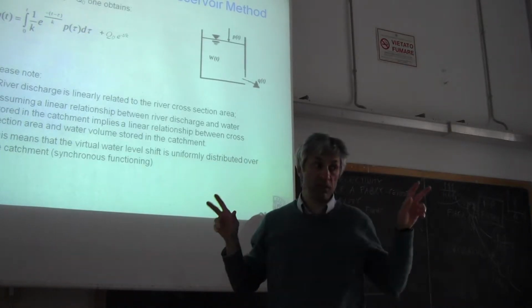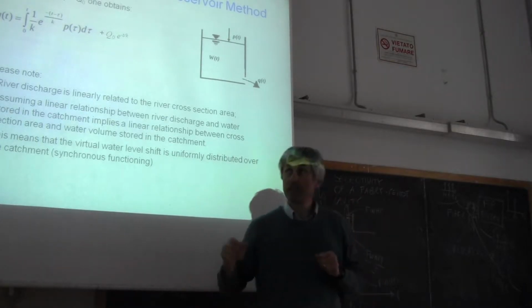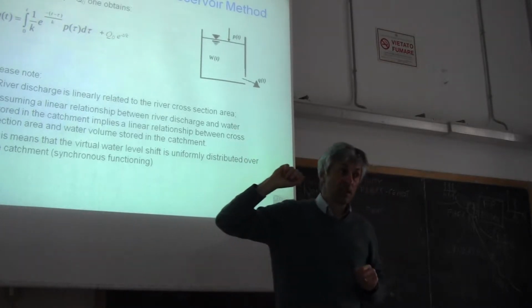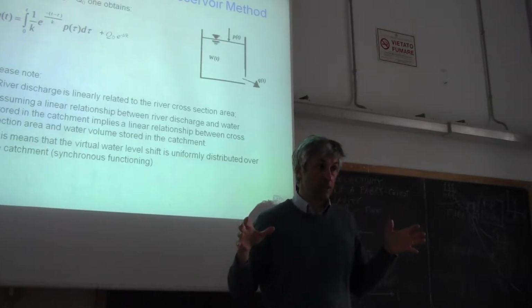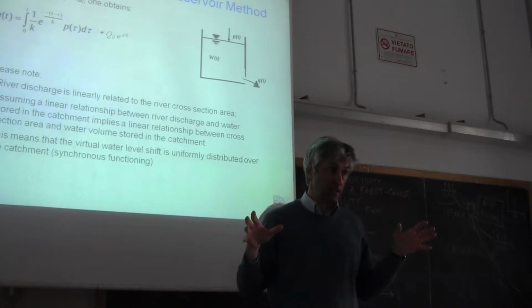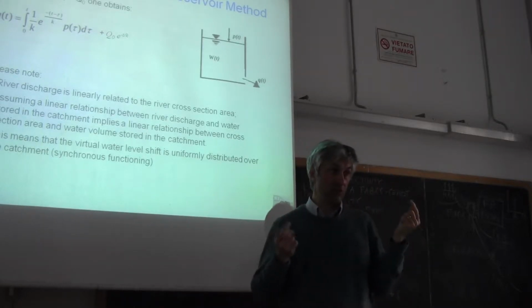So we are using P for rainfall. And I already mentioned to you that this P is a volume of rainfall over time and over the catchment. So it's not a rainfall depth, it's a volume of rainfall.